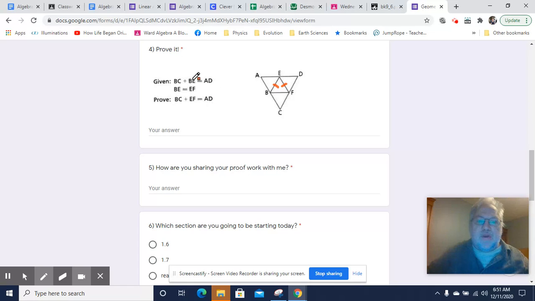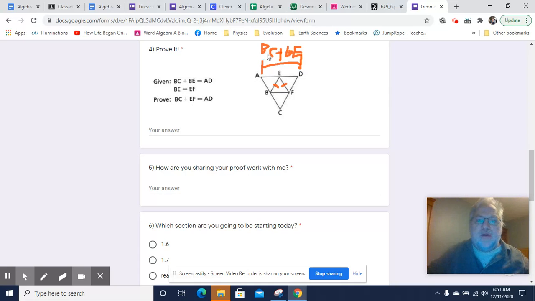Okay, we're given that BC plus BE equals AD, and we are given that BE and EF are congruent. So we're trying to prove that BC plus EF equals AD.